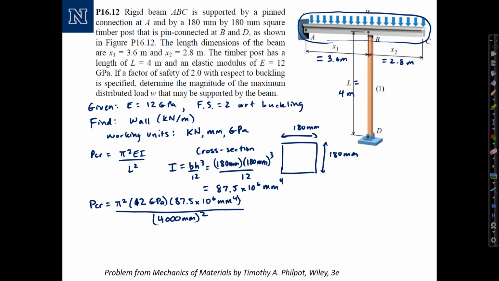That computes to 648, and my units are going to be kilonewtons, because a gigapascal is a kilonewton per millimeter squared, and therefore millimeters to the 4th will cancel with the millimeters to the 4th. So 648 kilonewtons is P crit. With a factor of safety of 2, my allowable load, P crit over 2, is 648 divided by 2, or 324 kilonewtons. So that's the allowable load on the column.